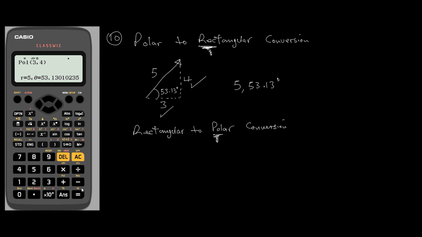And now it gives me this, it gives me r, which is the length of that vector, okay? And it's just an arbitrary letter r. And it gives me angle 53.13. So you can do polar to rectangular, rectangular to polar very easily. And this is all good when you're using complex numbers, perhaps, in some of your science or engineering problems.